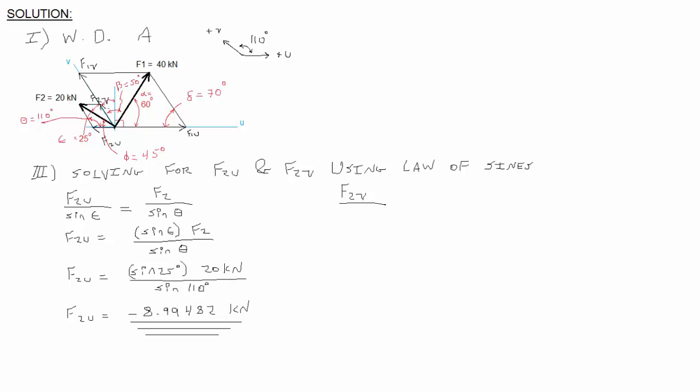Looking at our triangle, F2v is up here on this side of the triangle or parallelogram. The opposite angle is over here, which is phi. And that equals F2 divided by the sine of theta. So F2v equals the sine of phi times F2 divided by the sine of theta.